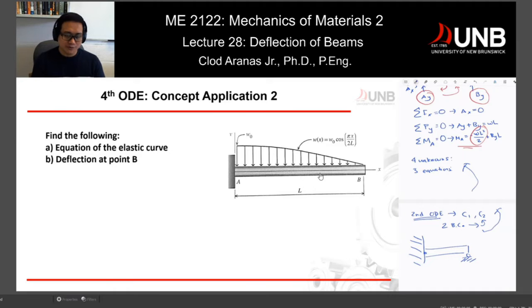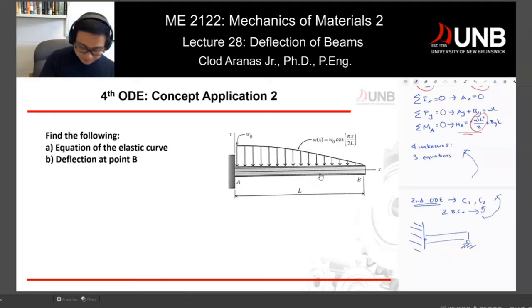If you go for a fourth order differential equation, yes, you can solve it, but if you're going to solve it manually in the exam, you have four unknowns, C1 to C4, and then you have another four unknowns. So that could complicate things. That's why we're going to focus just on second order differential equation for now. But yes, you can apply it to the fourth order differential equation.